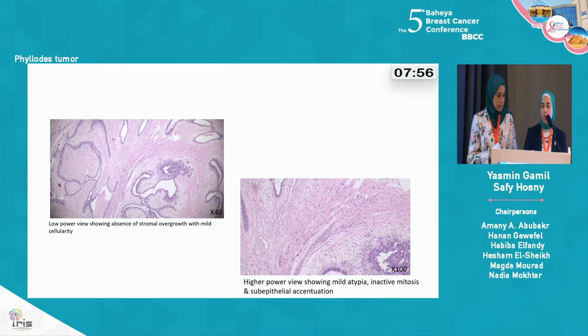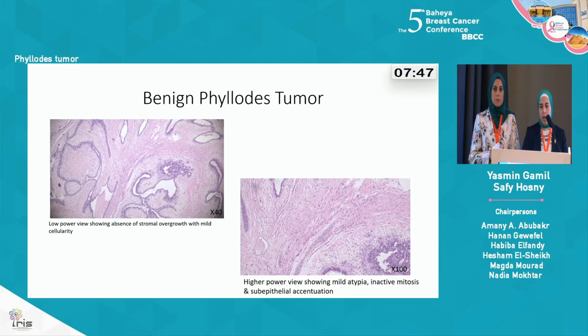Higher power shows mild atypia, inactive mitosis, and the characteristic subepithelial accentuation known for phyllodes cases. So this case was diagnosed as multiple benign phyllodes tumors, while other tumors showed cellular fibroadenoma. So it was diagnosed as multiple benign phyllodes tumors and multiple cellular fibroadenomas.